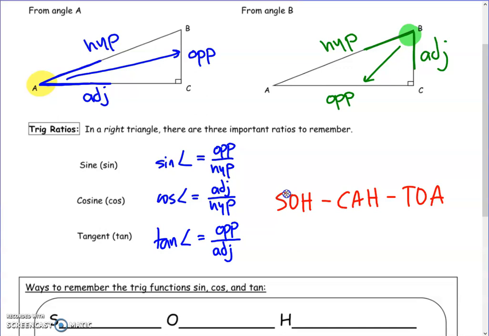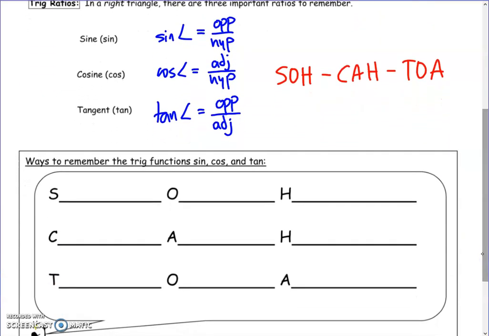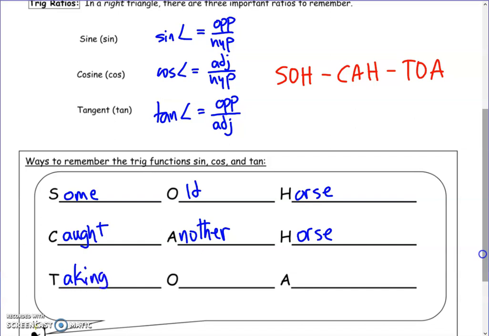Now, there are many sayings also that might help. I think this is a little bit long for me to remember, but I'll write it down anyway. You might have heard this in middle school. Some old horse caught another horse taking oats away.